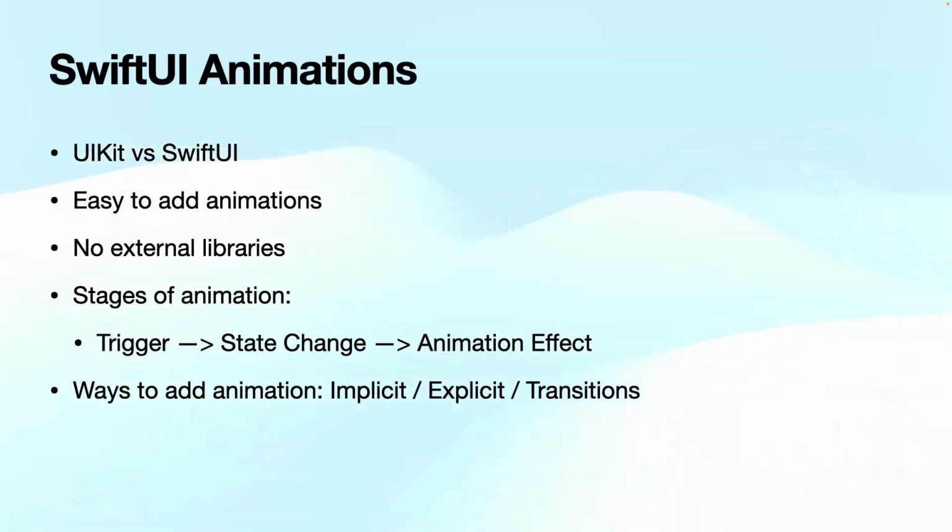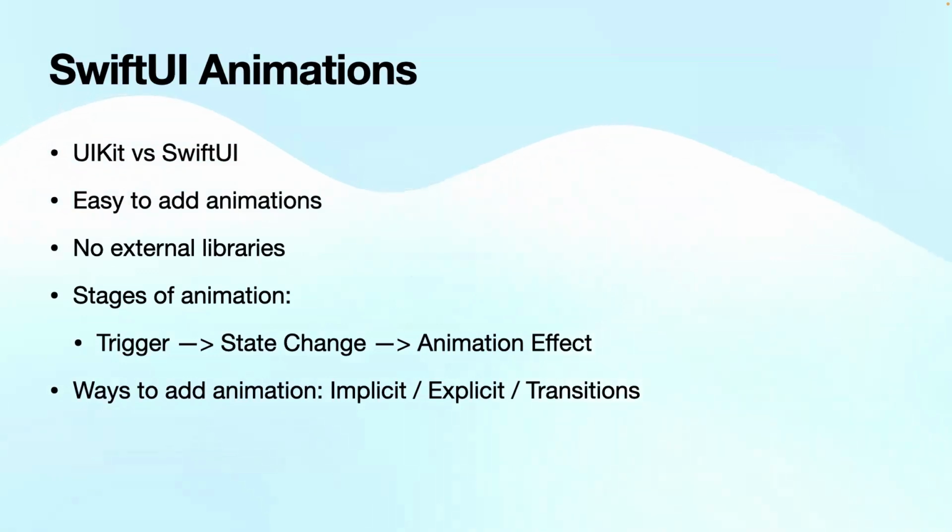SwiftUI animations are simpler and directly tied to state changes. When a state changes, the animation happens automatically, which makes it easier to add animations. You just need to add an animation modifier to a view, and then the magic happens. And we don't need any external libraries for animations.